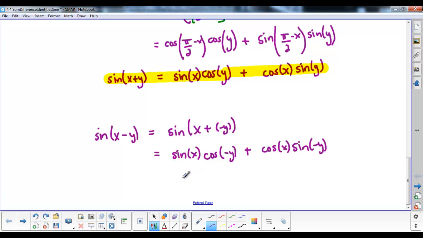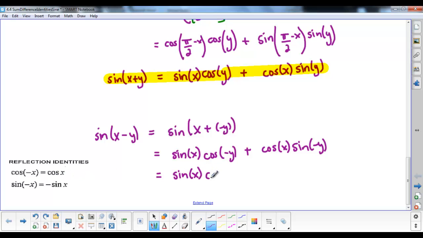Now if you'll recall what we did yesterday, you'll notice that we have sines and coses with negative angles inside. So we can simplify that and say that, well, sine of x stays as is, but cos of a negative angle, as you can see on the left here, cos of a negative angle is really just the same thing as positive cos of that angle. So I can replace that with positive cos y.